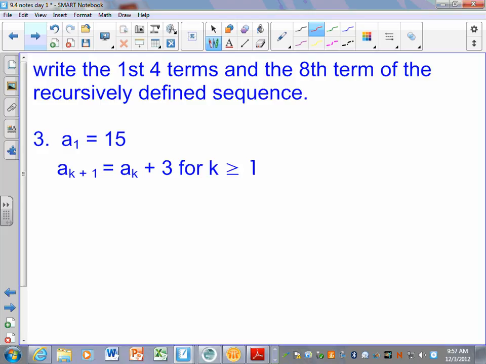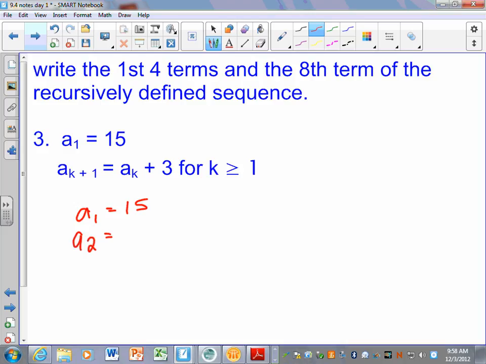So if this is a sub 1, we already know that the first term is 15. Every recursive sequence will give you at least the first number. And then what are we going to do to find the next one? We're going to use this sequence. And it just says to find the next one, you're going to take the one before it and add 3. That's just what that notation means.